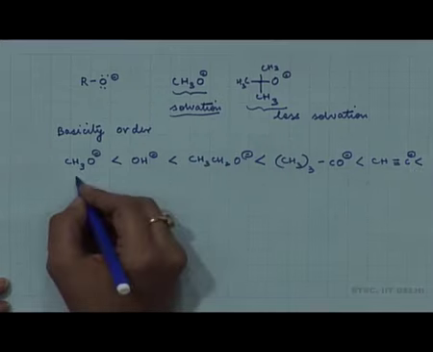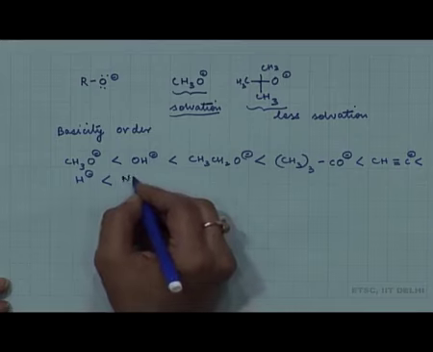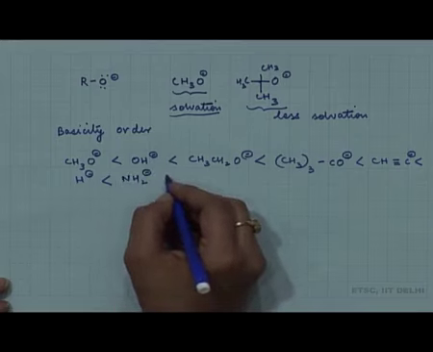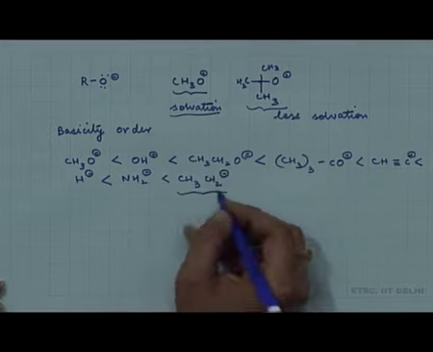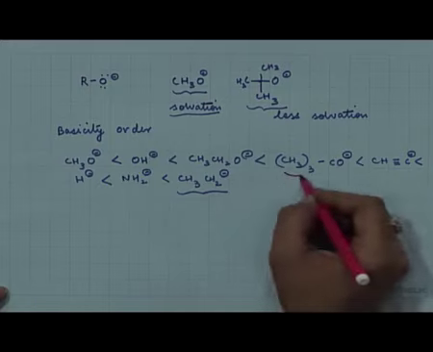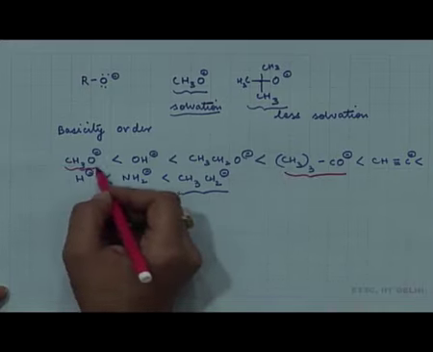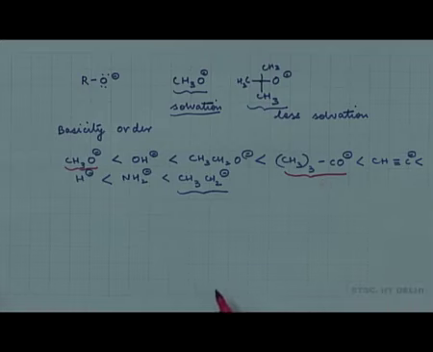So, the order of basicity for these corresponding conjugate bases is going to follow this order, which tells me that this is the strongest base and this is the weakest base. So, we were comparing a tertiary butoxide with a methoxide, and this is a stronger base, and therefore the corresponding tertiary butanol is a weaker acid.